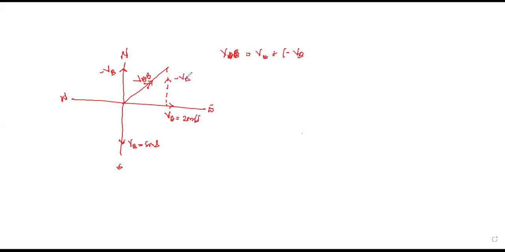And because V of A is perpendicular to the negative V of B, we can find velocity of A with respect to B to be equal to the square root of the square of V of A plus the square of negative V of B. And this will be equal to 2 squared plus negative 5 squared, which is the same as 5 squared.